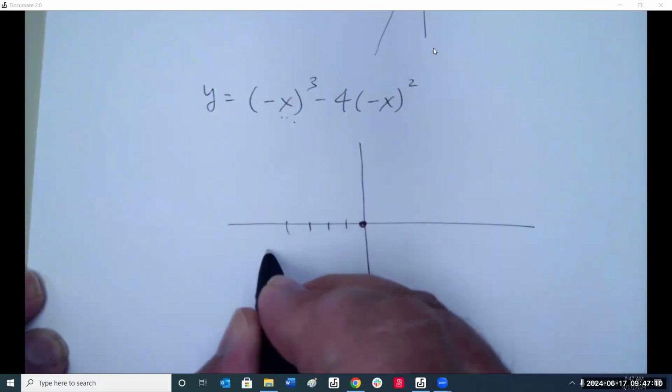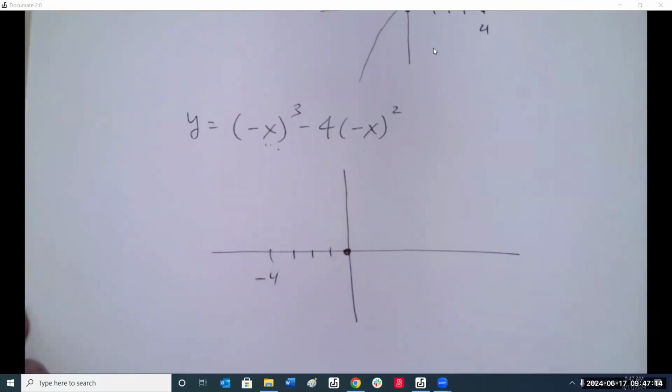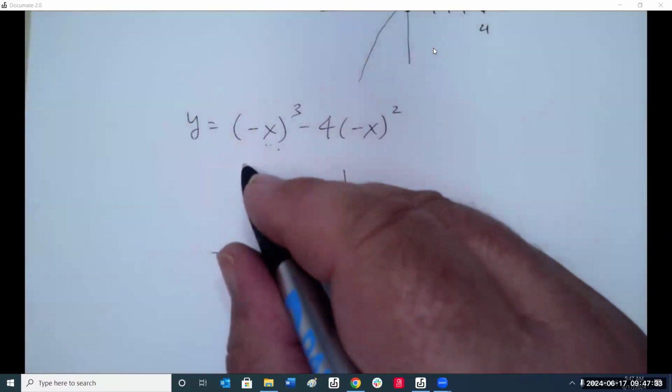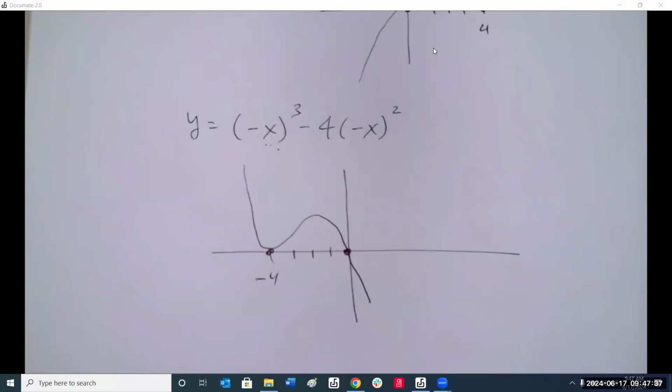It's still in the origin. Now instead of 4, it's negative 4. What else changes? The direction.